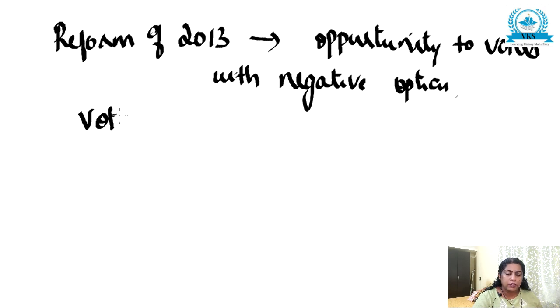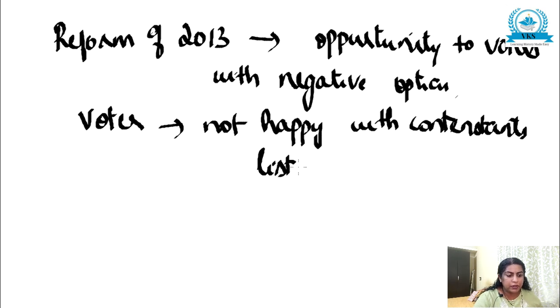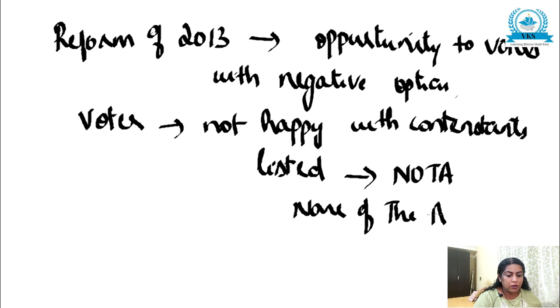If a voter is not happy with the contestants listed in the ballot paper, they can choose NOTA, that is none of the above option. So that also was a special reform of 2013.